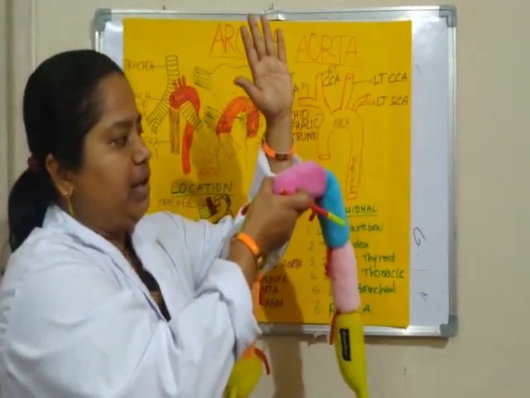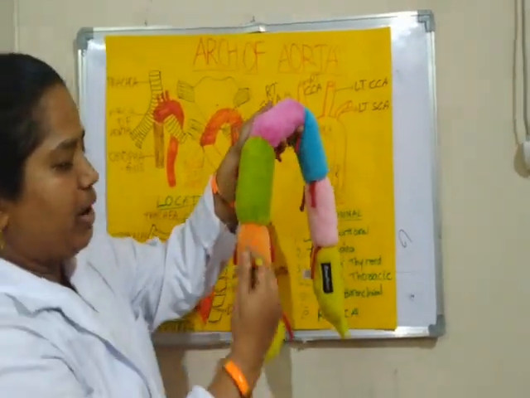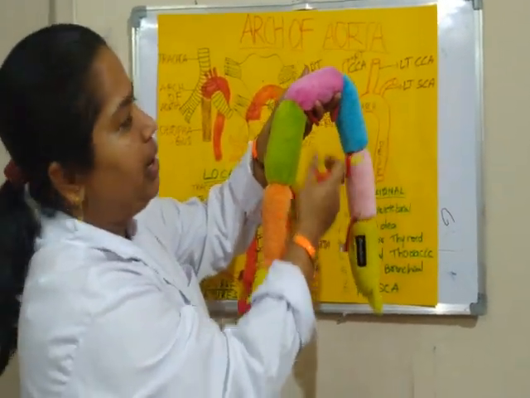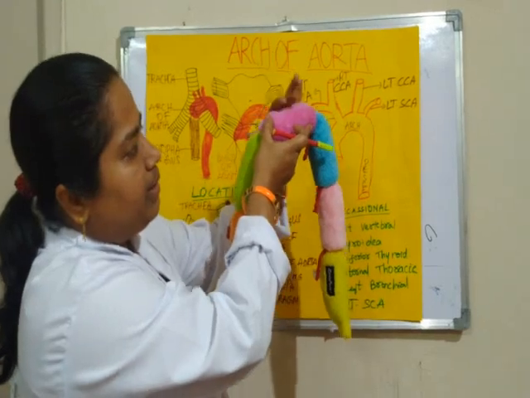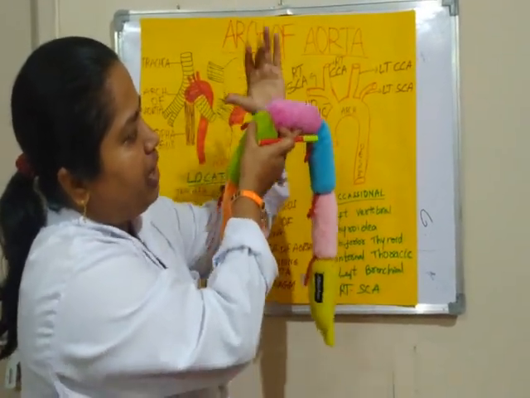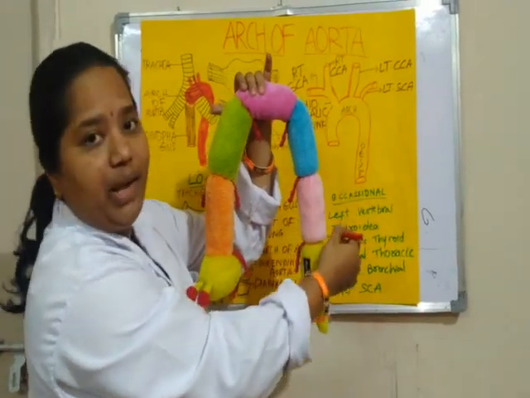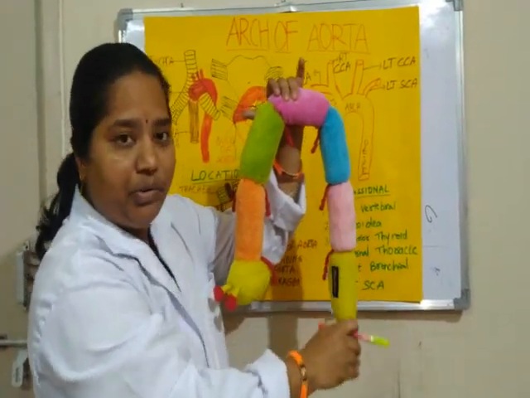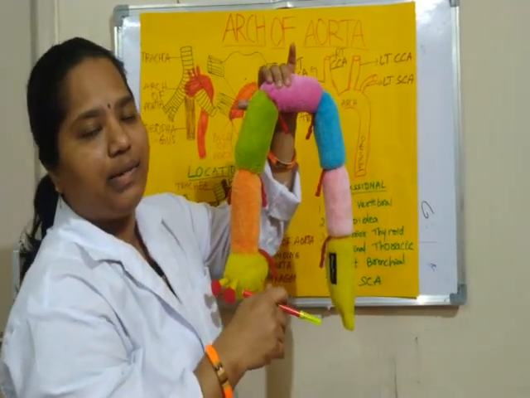Suppose this is trachea here in front. So it is running backwards, upwards and towards the left in front of the trachea. Then it descends on the left side of trachea. Then it runs downwards and continues down as descending thoracic aorta.